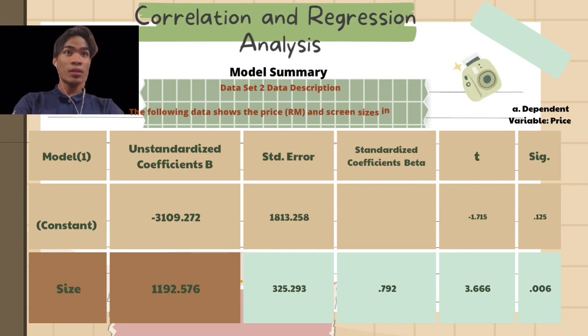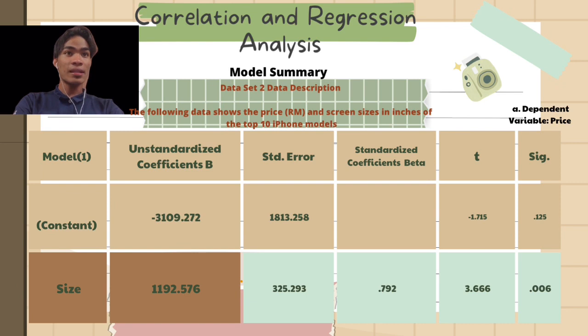Right now I will tell you about the correlation and regression analysis for the model summary for data set 2. The data description: the following data shows the price in RM and screen sizes in inches of the top 10 iPhone models. The data is for the model, constant and sizing, with coefficient B, standard error, and standardized coefficient beta.